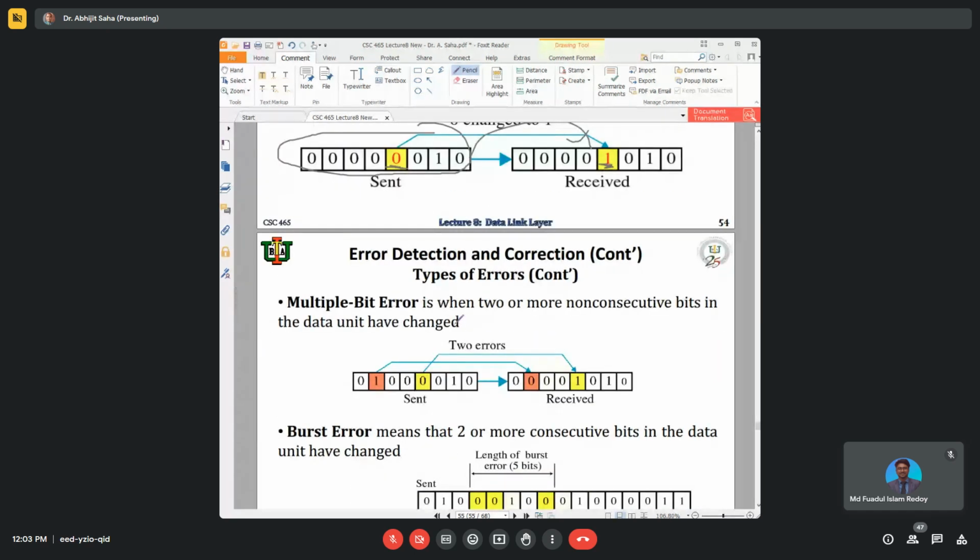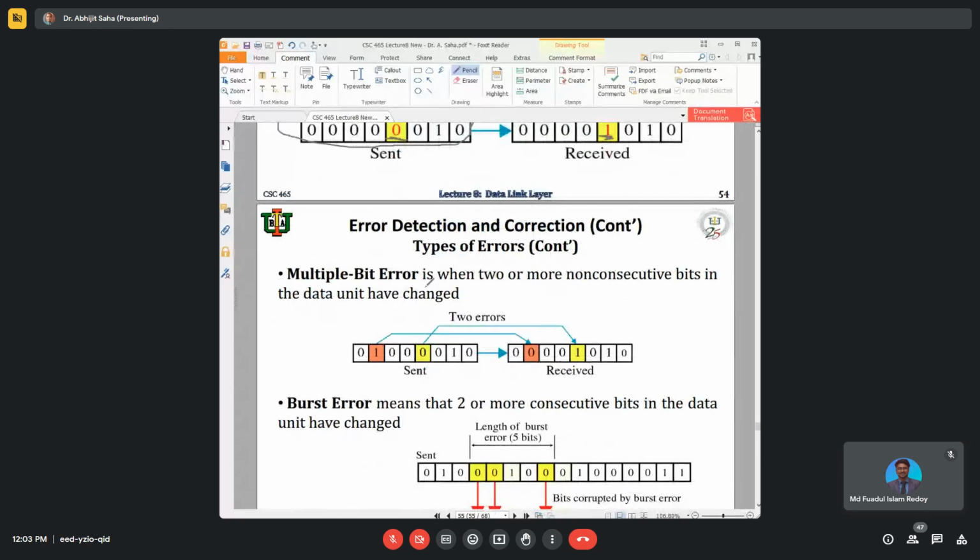What is the multiple bit error? It is when two or more non-consecutive bits in the data unit have changed. Consecutive means one after another. So in the 8 bits of data, any two or more bits can be corrupted after receiving, but the condition is that they must be non-consecutive.